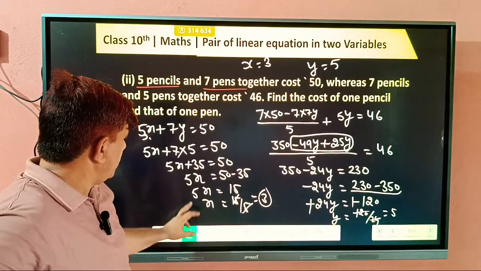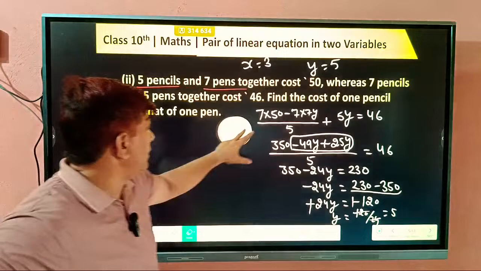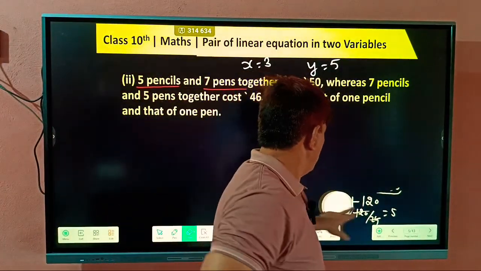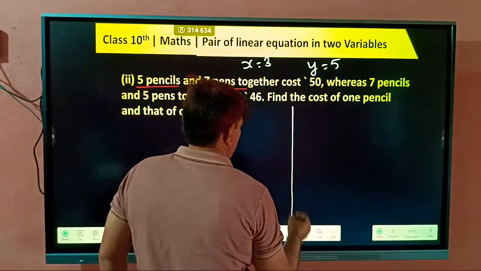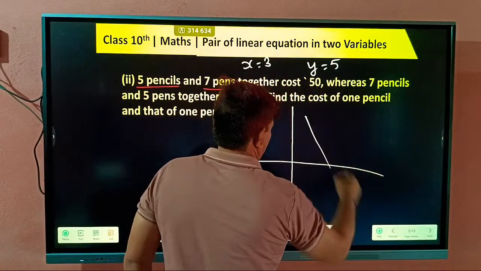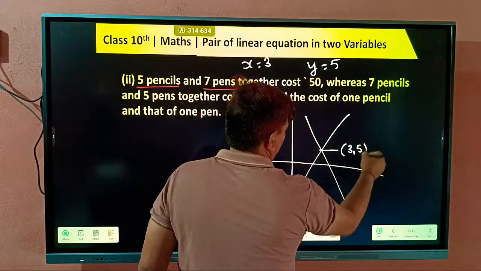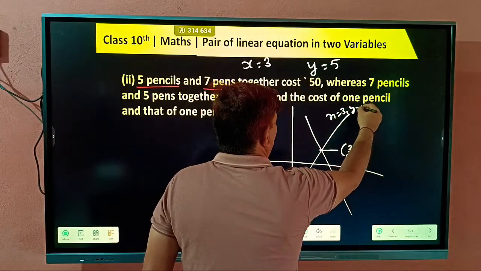Understood? And if you have to draw a graph of it, you can easily draw it. And what type of graph is it? Its graph is like this: two lines intersecting at one point whose coordinates are 3 and 5. It means X equal to 3 and Y equal to 5.